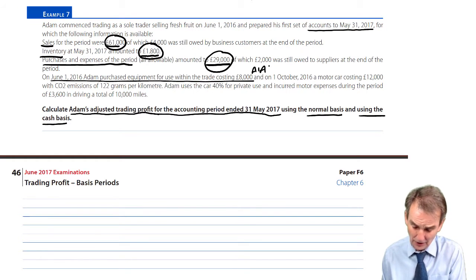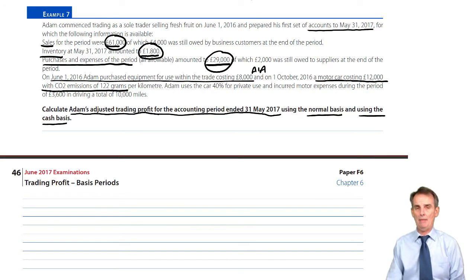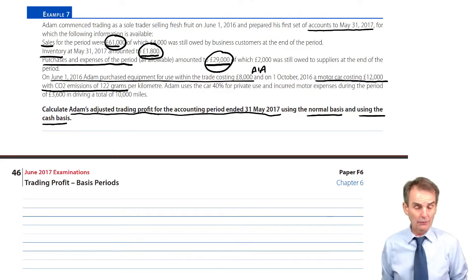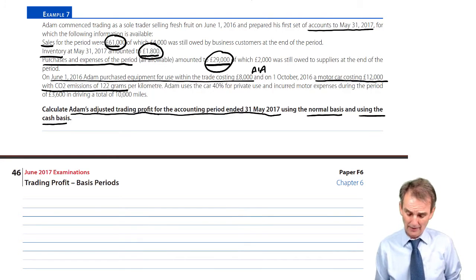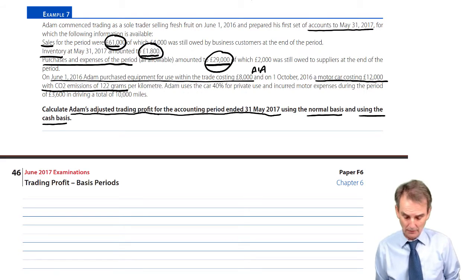We've also got, within the same basis period, a motor car, wouldn't you know it'd have to be a car, costing £12,000 with CO2 emissions of 122 grams. Now, that's the first important issue as regards what we'll be claiming in the form of capital allowances on that particular car, the CO2 emissions. With CO2 emissions such as we see there, no private use, are we told?